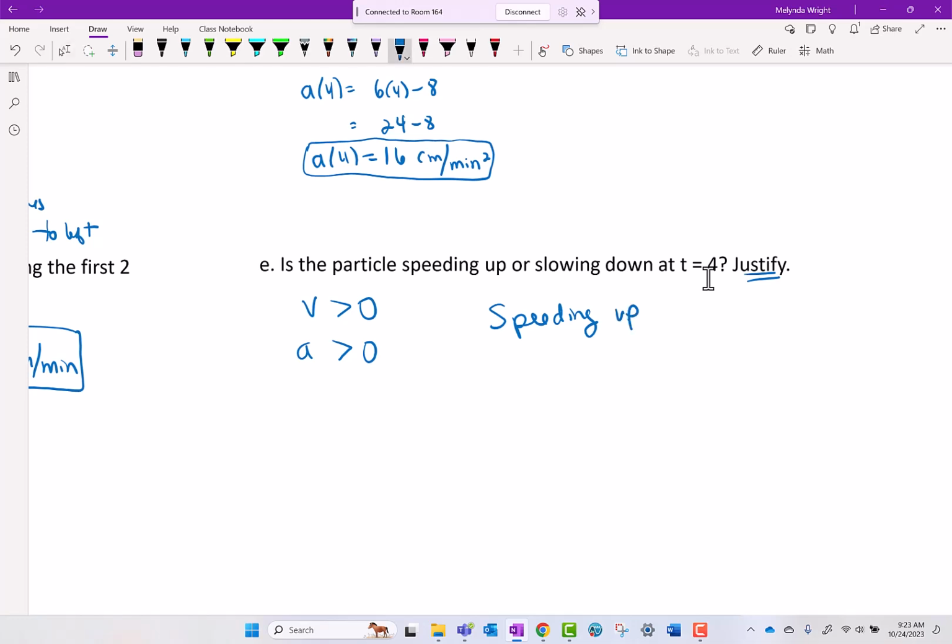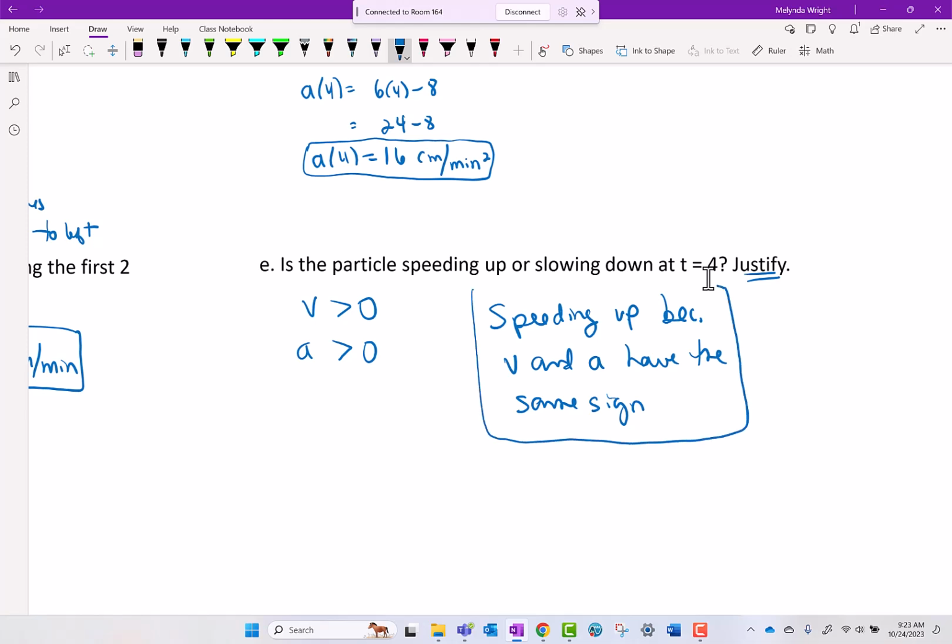Speeding up because the velocity and acceleration have the same sign. I would recommend that you say they have the same sign instead of they're both positive, because what if you got it mixed up and they're both negative? So just to play it safe, I would encourage you to say they have the same sign or different signs.